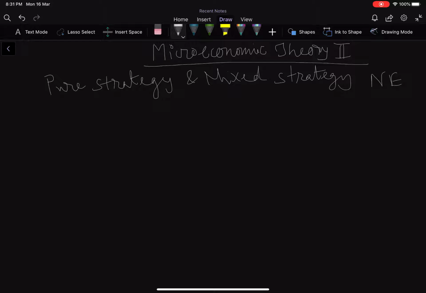So the idea being that one player chooses a mixed strategy to make the opponent indifferent, right? Indifference was the key concept behind identifying mixed strategy Nash equilibria. So each player will be choosing these probabilities in a way such that it makes the opponent indifferent, so that the opponent can choose any mixed strategy.